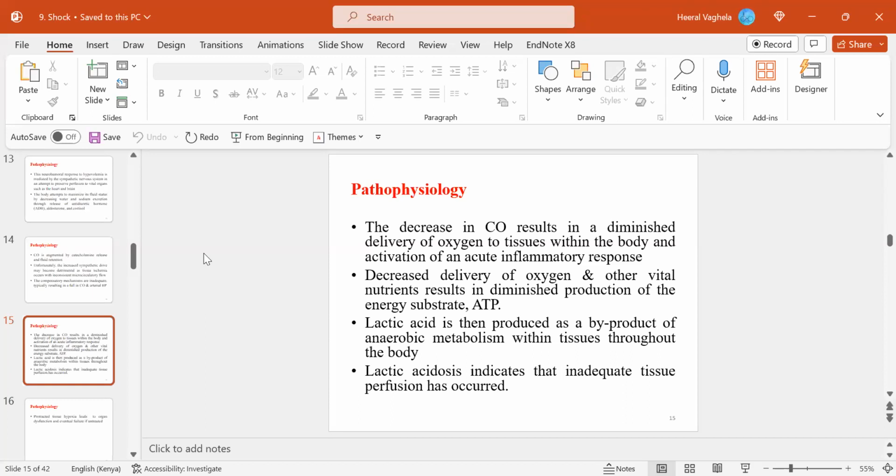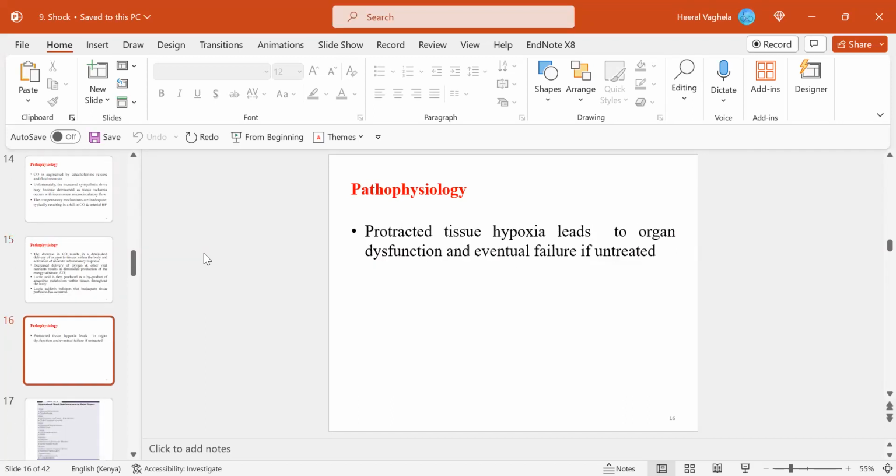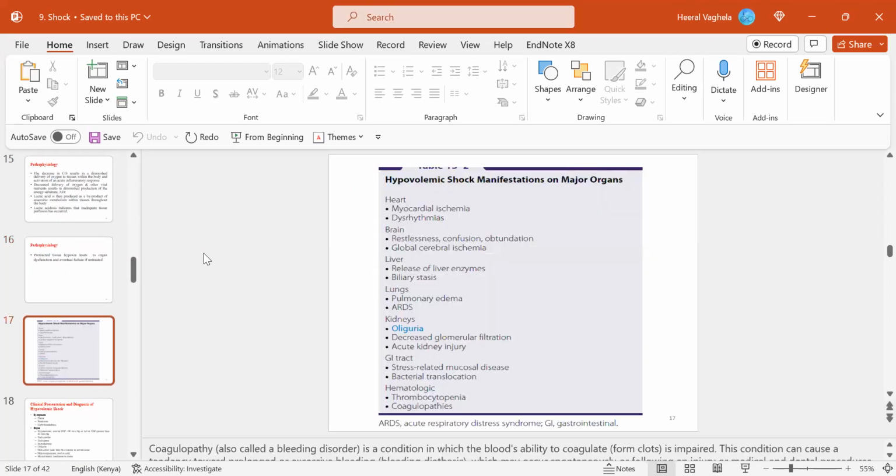That means lactic acid will be produced. Since oxygen is not delivered to so many organs, you'll have many clinical manifestations with the heart, brain, liver, lungs, kidney, the GI tract, and even hematologic ones with thrombocytopenia and coagulopathies.